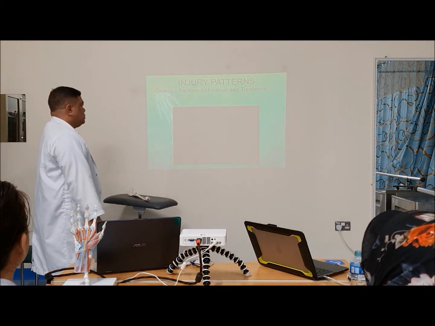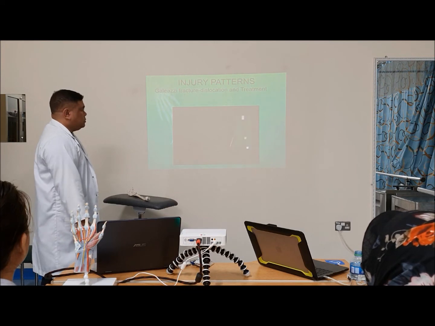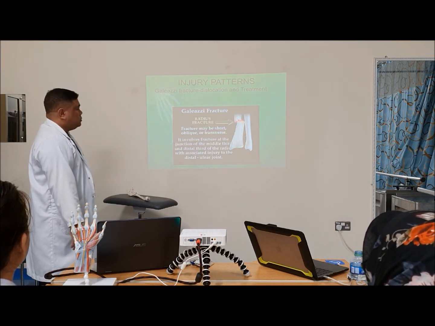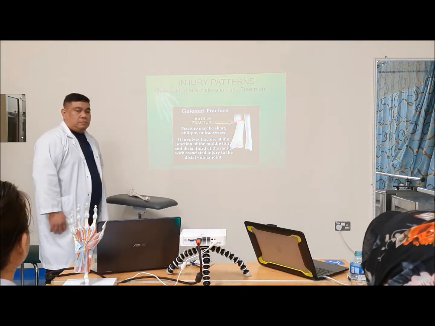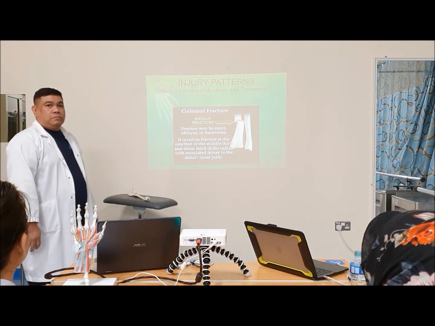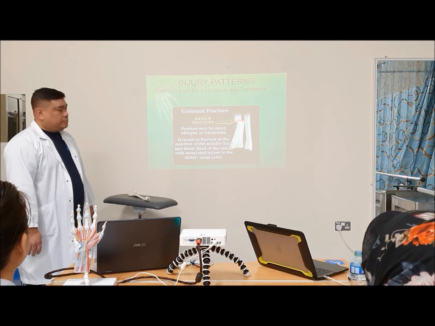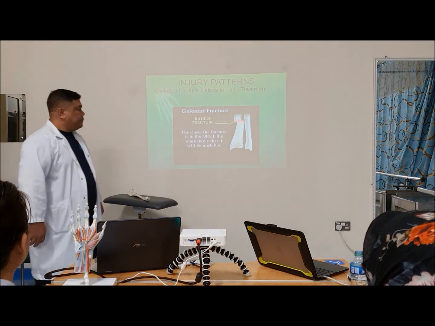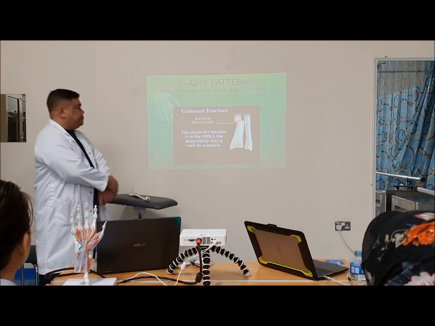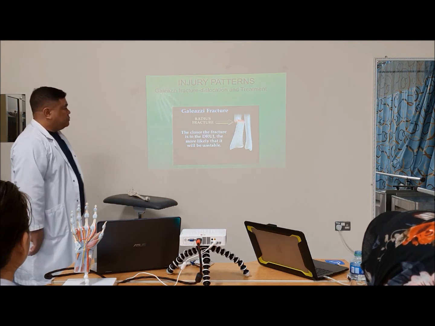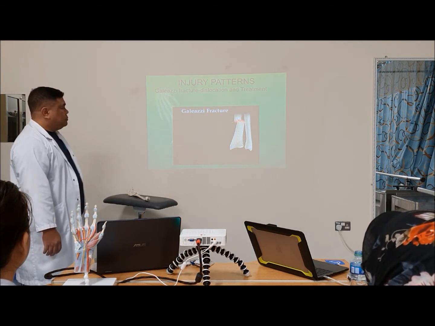This fracture may be short, oblique, or transverse. It involves a fracture at the junction of the middle third and distal third of the radius, with associated injury to the distal radioulnar joint. The closer the fracture is to the distal radioulnar joint, the more likely that it will be unstable.